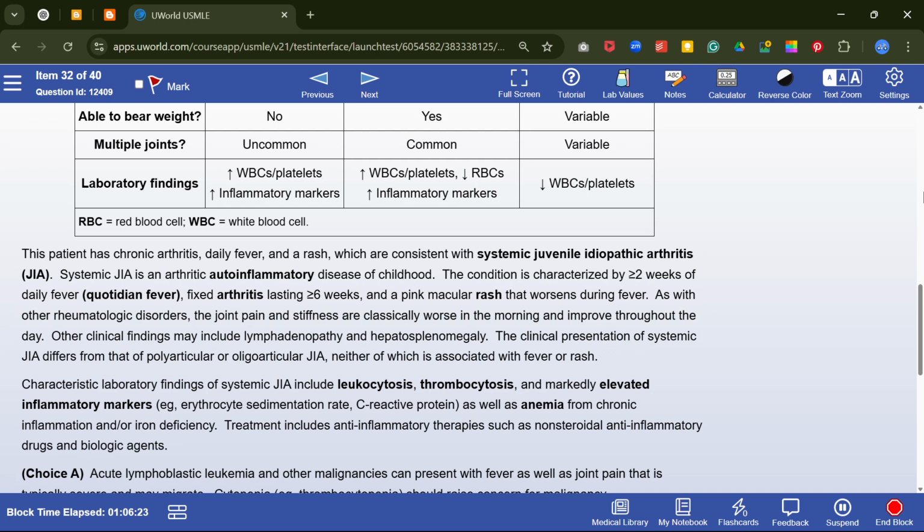Characteristic findings of systemic JIA include leukocytosis, thrombocytosis, markedly elevated inflammatory markers ESR and CRP, as well as anemia from chronic inflammation and iron deficiency. Treatment includes anti-inflammatory therapy such as NSAIDs and biologic agents. Okay.